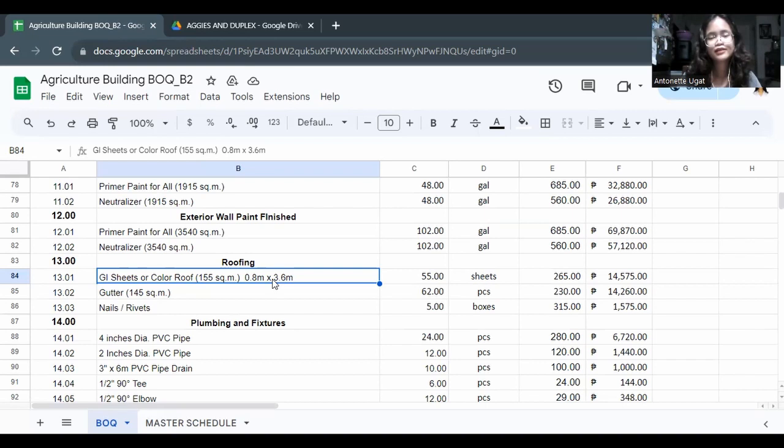And the unit prices that we have placed here in the bill of quantities for the agriculture building are based on the local hardwares, for example Wilcon Depot.